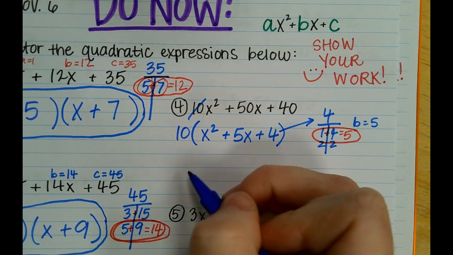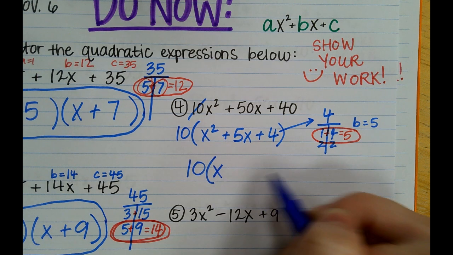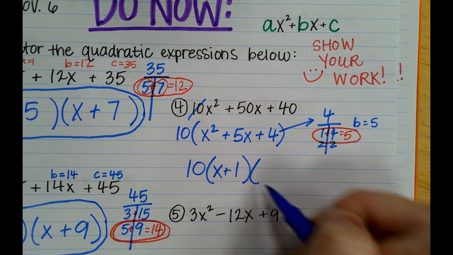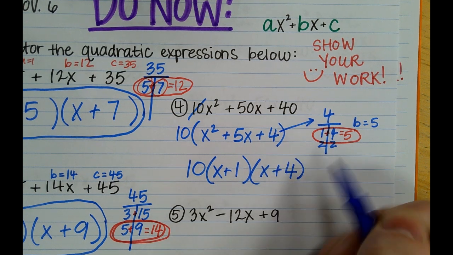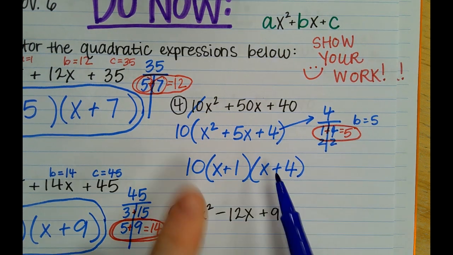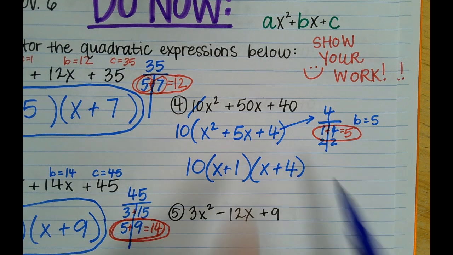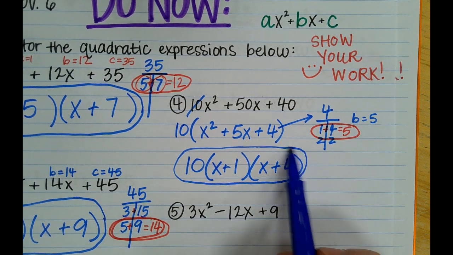So what's my answer? x plus 1. Good, guys. It is a lot, but y'all are doing it. 10 times x plus 1 times x plus 4. Y'all got it. That's good.